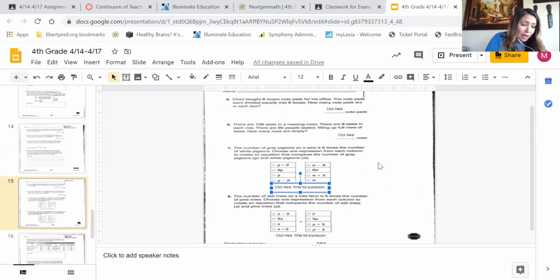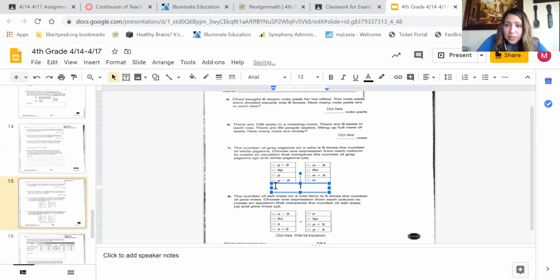And so what that would mean is, let's see, 6 times the number of white pigeons. So I know there are, let me erase this. 6 times the number of gray pigeons on a wire, 6 times the number of white pigeons, okay?